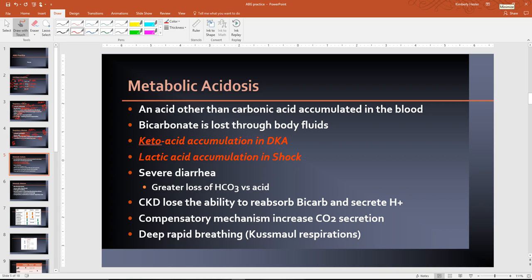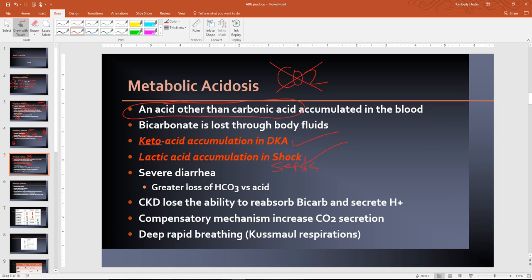This is acidosis, just like we talked about before, only it's an acid other than carbonic acid. So we're not talking about bicarb anymore. It's acidosis, but it's related to something else. So the 2 things that you're going to see is it could be ketoacidosis, which is caused by patients in DKA, or it could be lactic acidosis, which is caused by your patients that are in shock or sepsis.